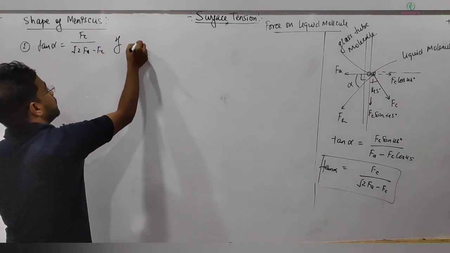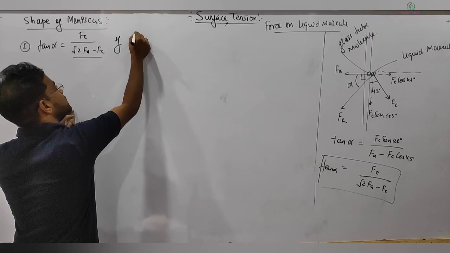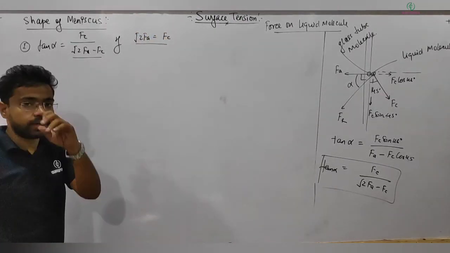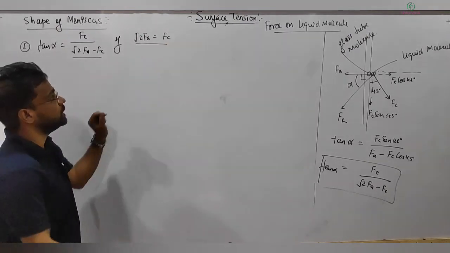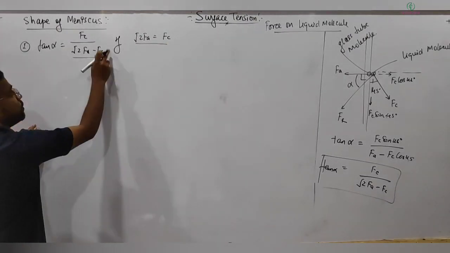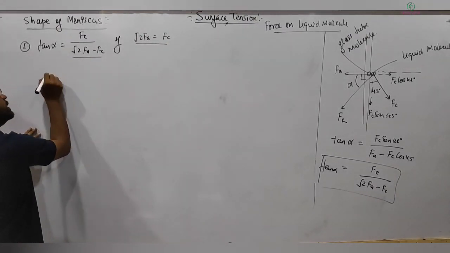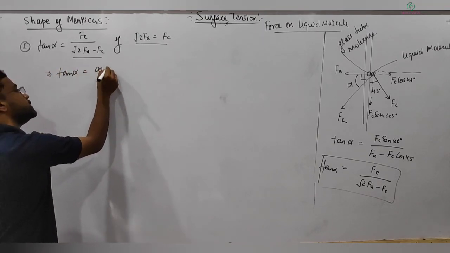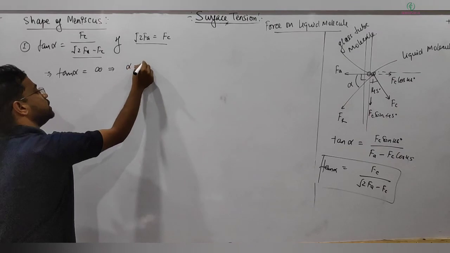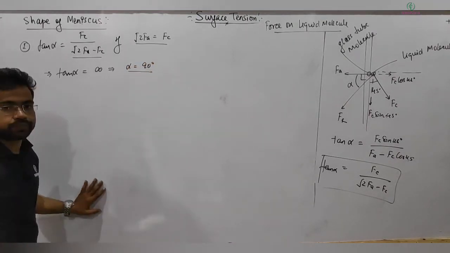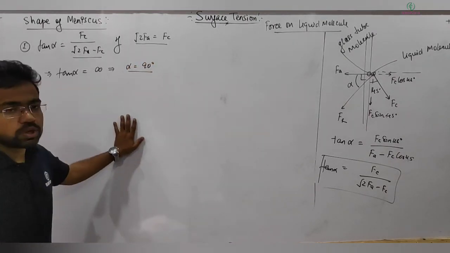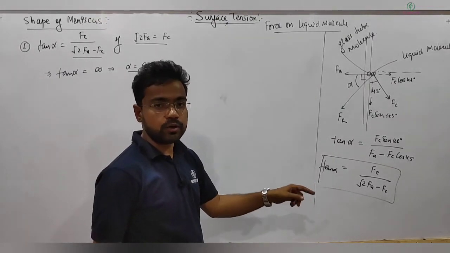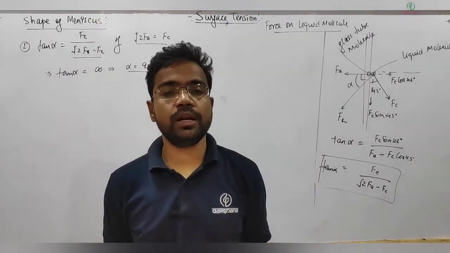If this quantity, root 2 FA minus FC, is equal to 0, it means root 2 FA equals FC, tan alpha will be infinite, and this implies alpha will be equal to 90 degrees. Clear? If alpha is equal to 90 degrees, it means net force will be vertically downward, and the liquid can feel a normal stress.